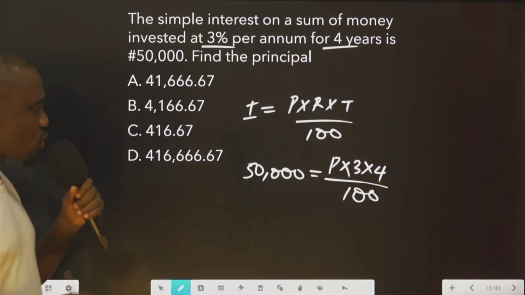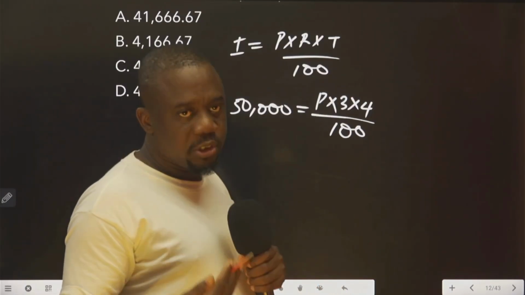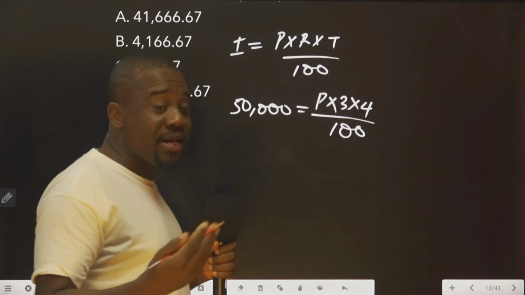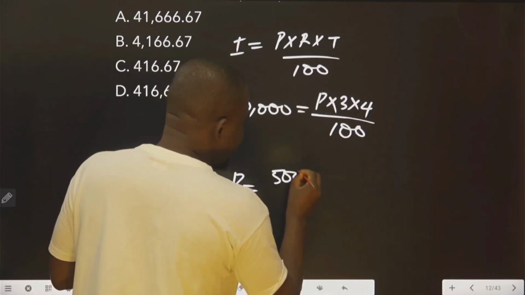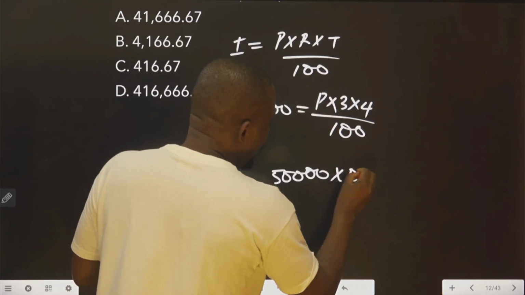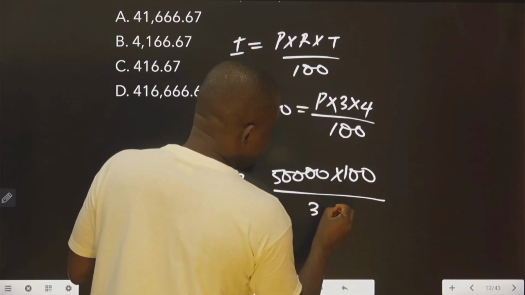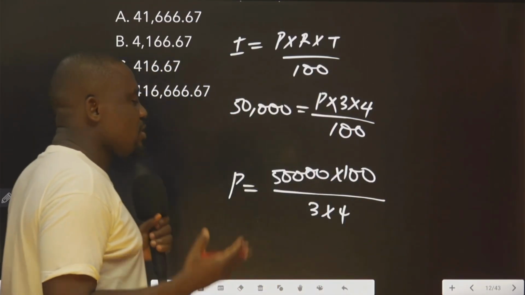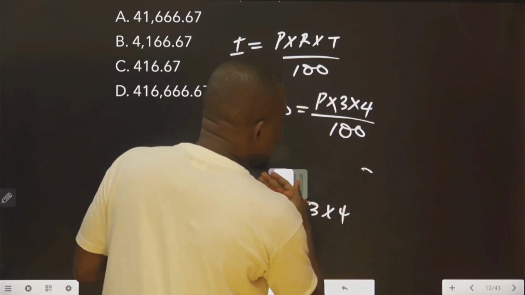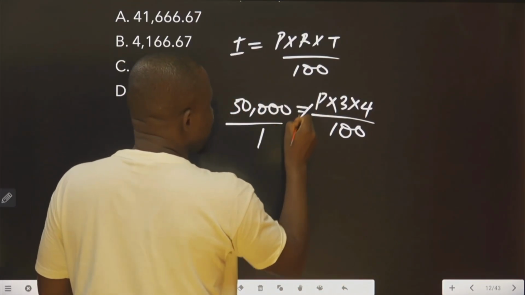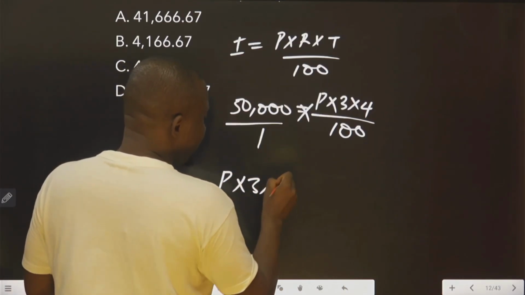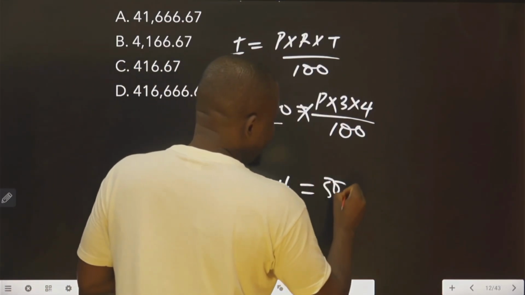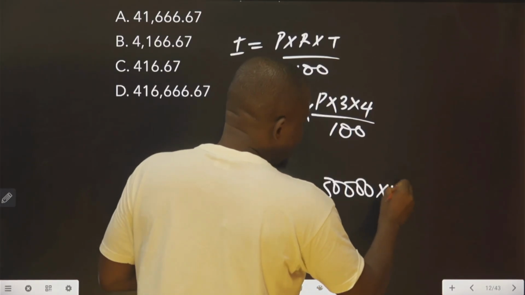All we need to do now is to solve for P. If I am writing JAMB exam, all I need to do, I will say P is equals to 50,000 multiplied by 100 all over 3 times 4. But because we're in class, just over 1 we cross multiply. This multiplied by this is P times 3 times 4, which is 50,000 multiplied by 100.